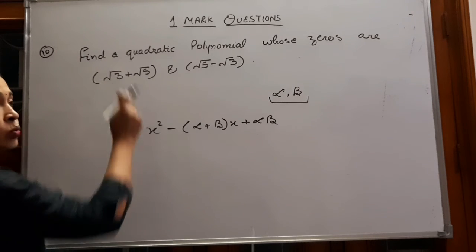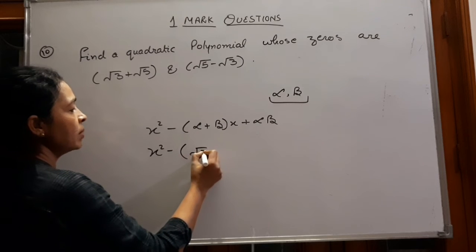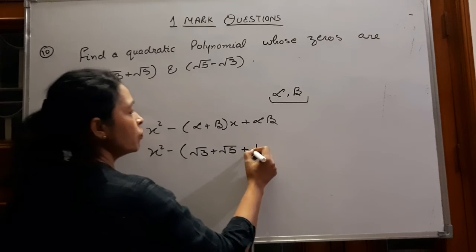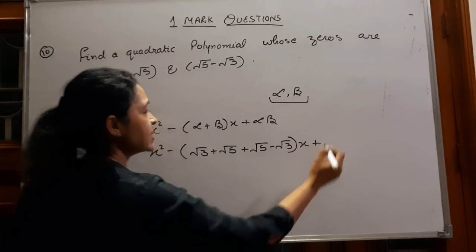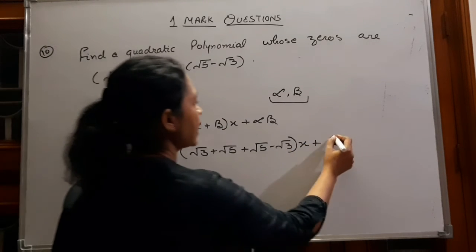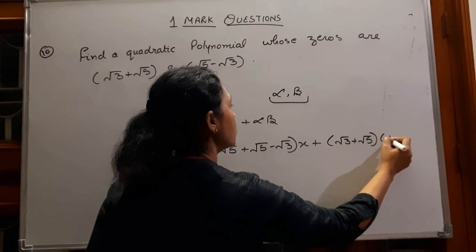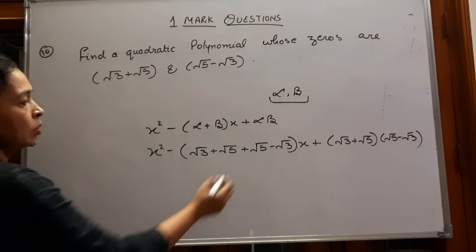In this case, alpha is root 3 plus root 5. We have x square minus root 3 plus root 5 plus beta, which is root 5 minus root 3, into x plus alpha beta, that is root 3 plus root 5 into root 5 minus root 3.